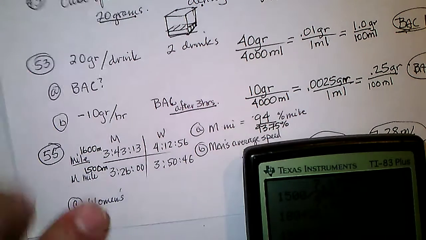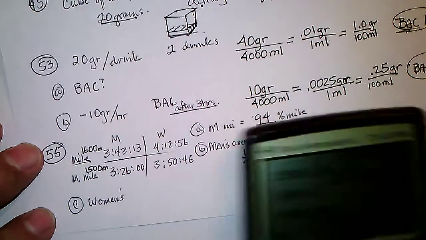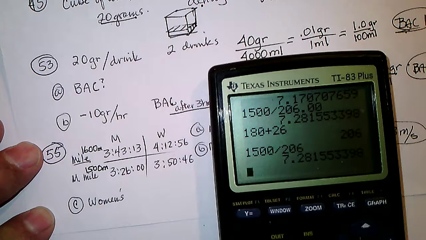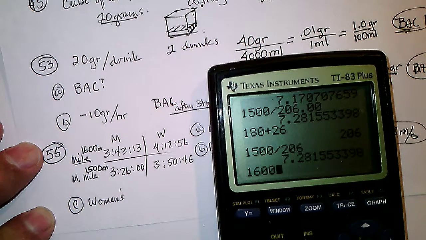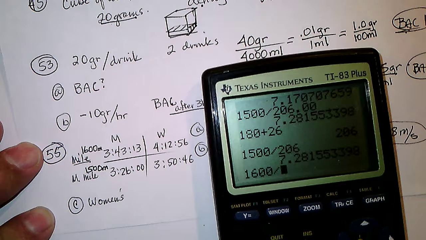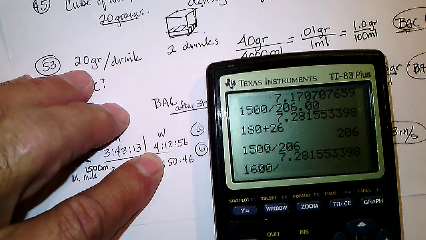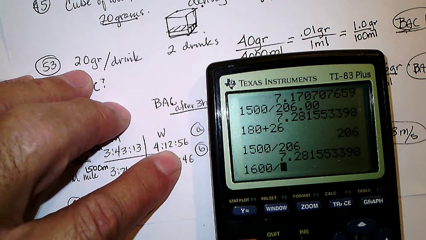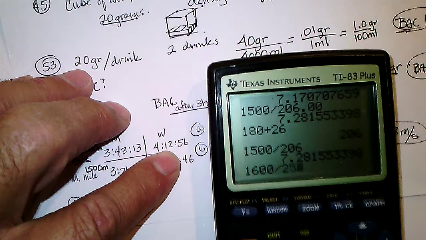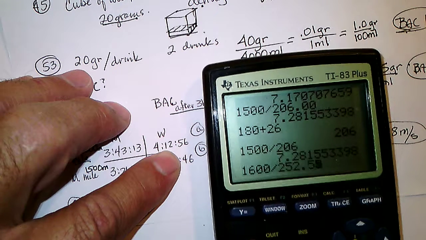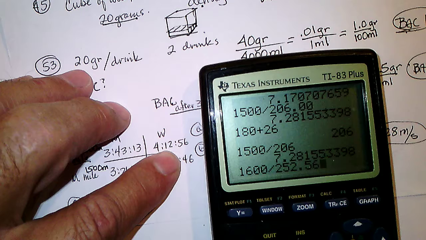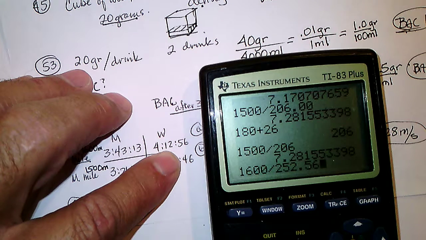So we're going to do the same process here, but we got different numbers. We're going to have a 1,600 meter race divided by 4 times 60, 240 plus 12, 252.56 seconds.